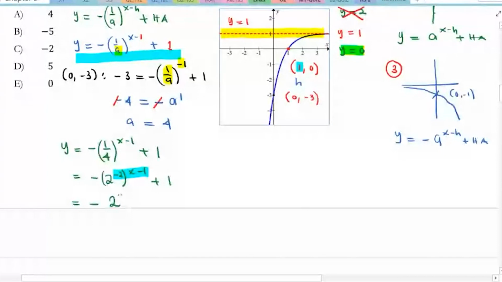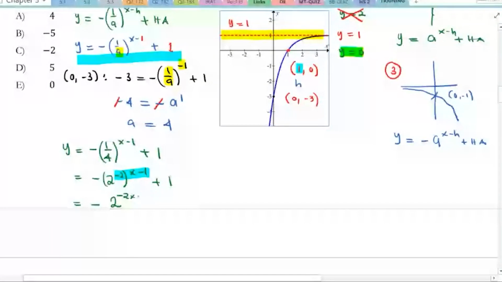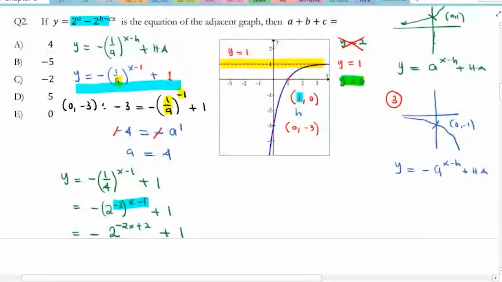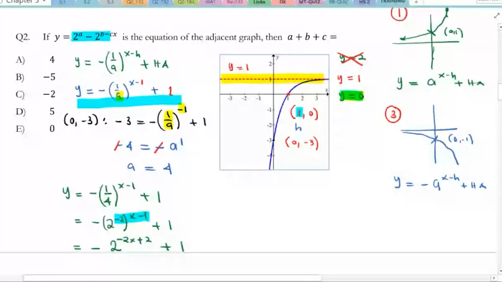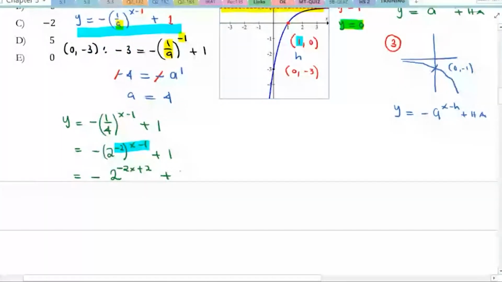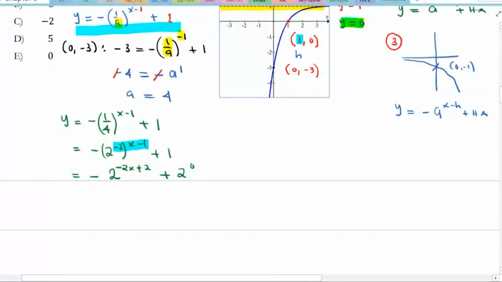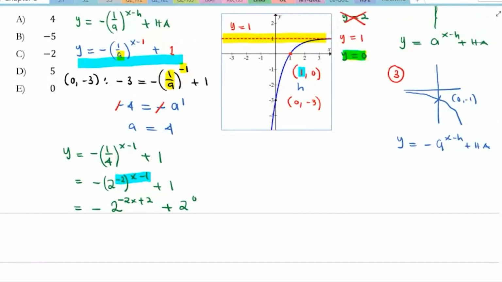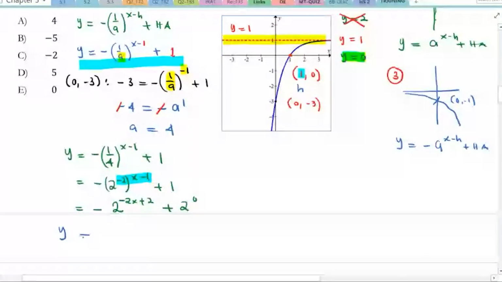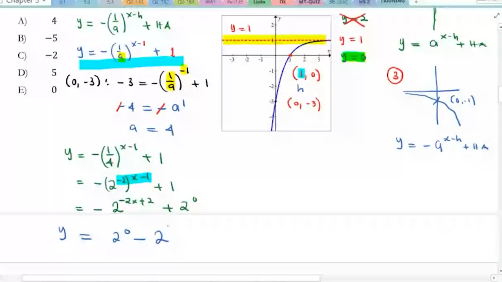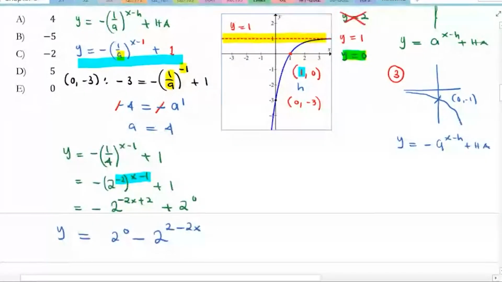I forgot. So here we have minus 2x and plus 2, and then plus 1. But if you look at the equation, there is no 1, there is 2 to the power of a. So in other words, we can write this one as 2 to the power of 0. Now if you compare the two equations, we can rewrite it more beautifully. We say y equal to 2 to the power of 0 minus 2 to the power of 2 minus 2x.